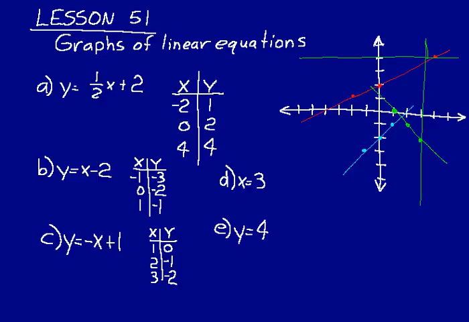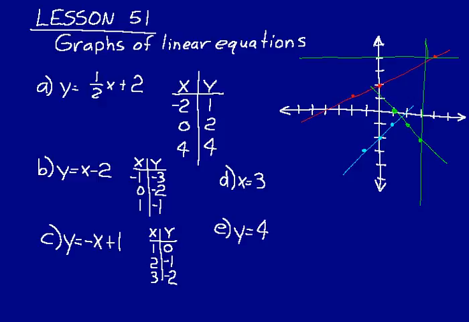So make sure you distinguish those two things, the difference between a line when it's x equals something and the difference between a line when it's y equals something. You just draw it through that point on whichever axis it's describing. And so you'll have problems where it says graph this equation on a Cartesian coordinate system, or graph the equation for this line. And so you'll just do that.